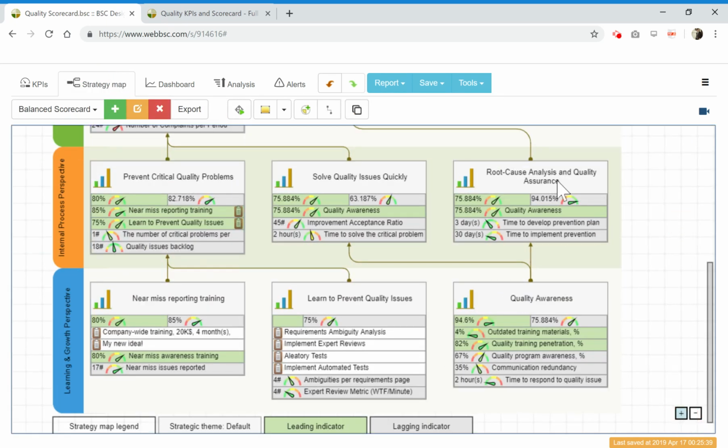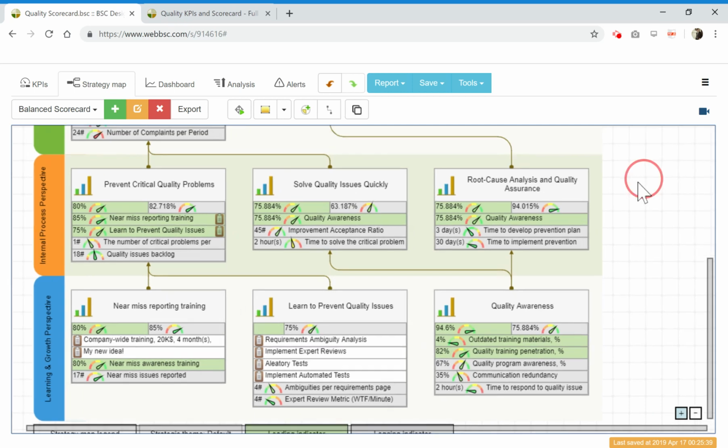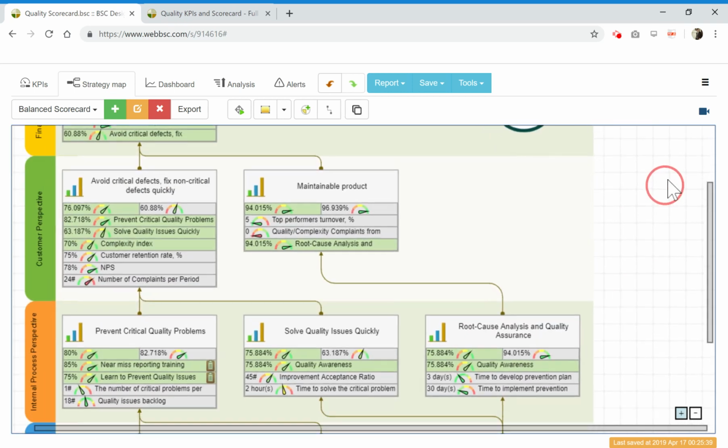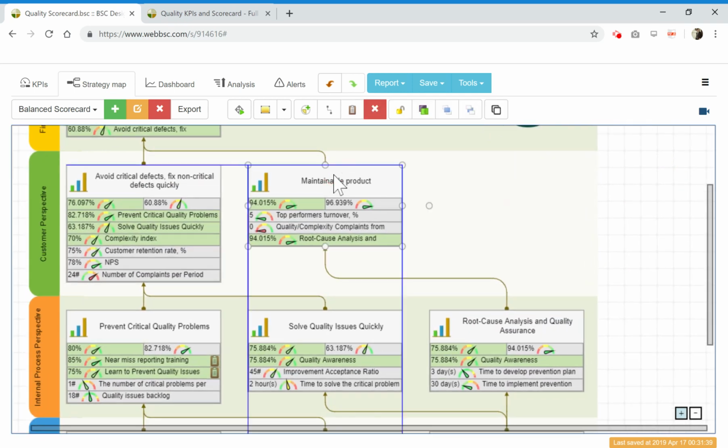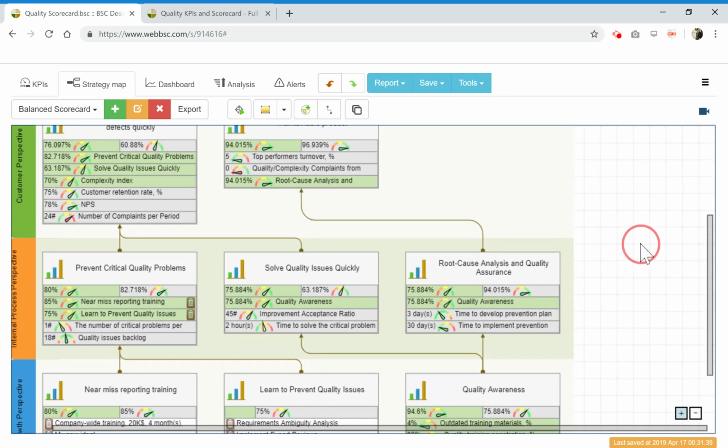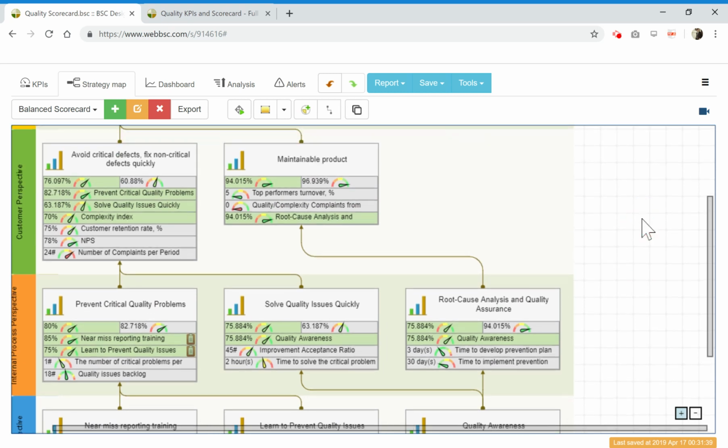Okay. So quality issues. Now, let's look here. One of the goals for the internal stakeholders for our team, maintainable product, is supported by this goal: root cause analysis and quality assurance. What does it mean?